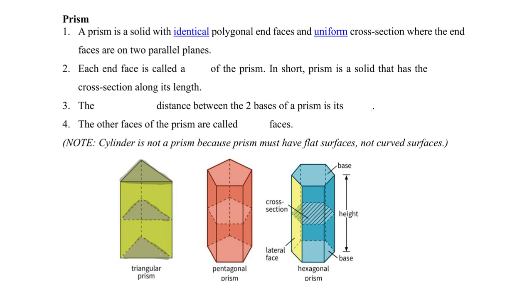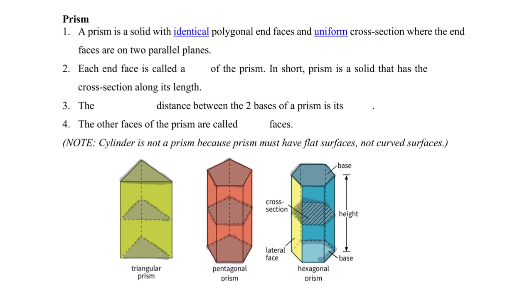In this case, triangular. If you see the pentagon, which I'm going to highlight in black, at the bottom, it can go through all the way, and at any point in between the two ends it is exactly the same. It is uniform. The same goes for the hexagonal prism.